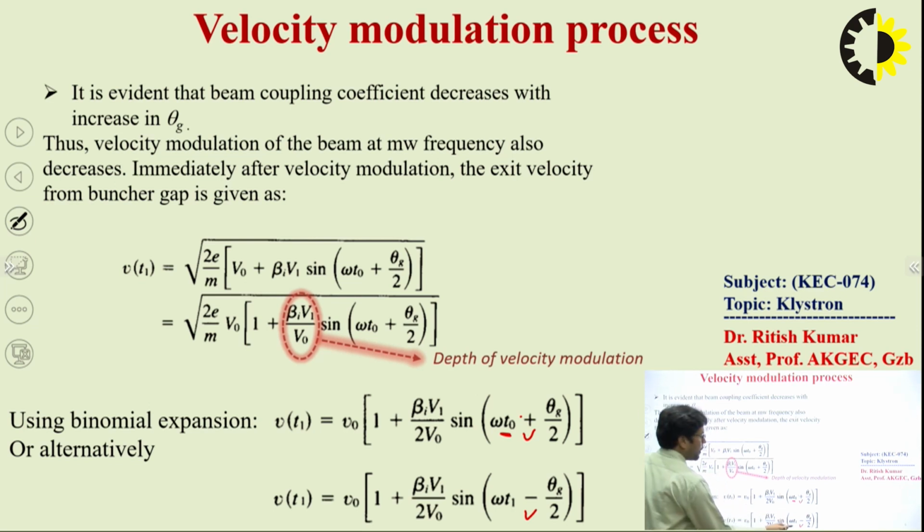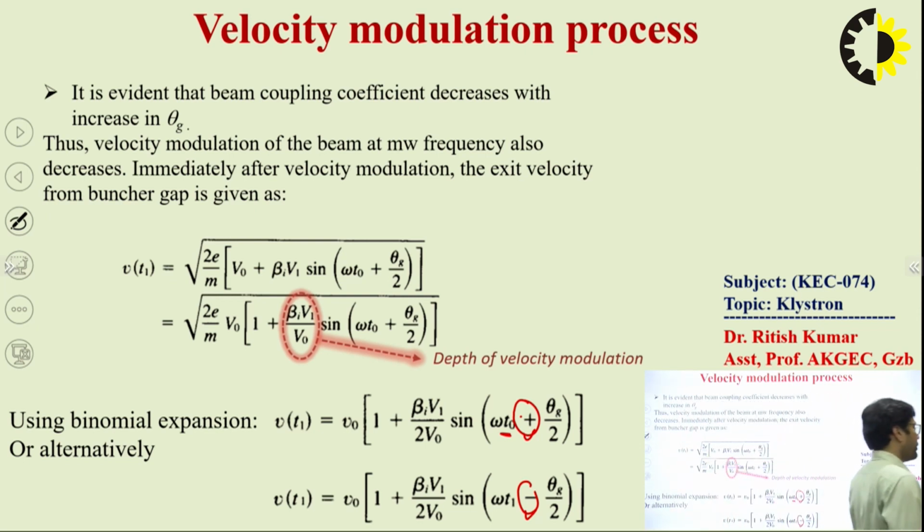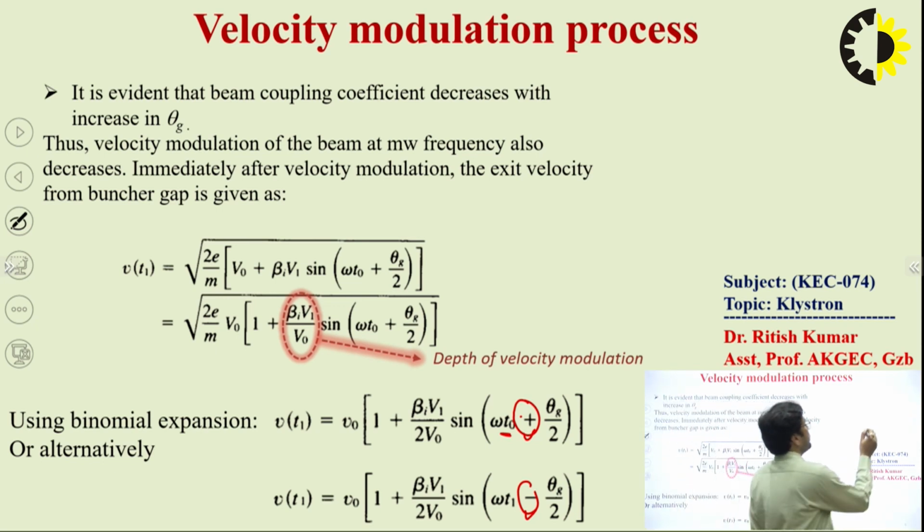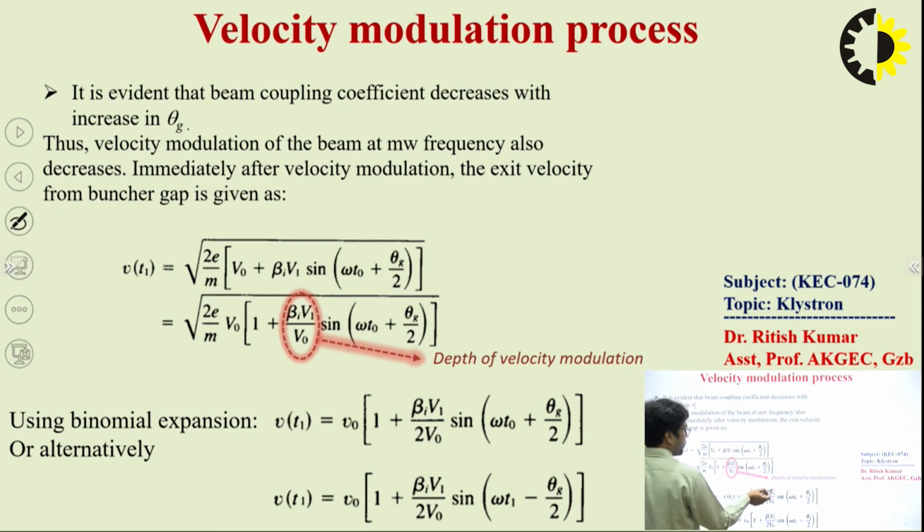If you consider t1, the leaving time, then you need to consider a negative sign, because you are dealing with the change in the velocity within the cavity. So that's why this sign is changed with respect to t naught and t1 here. So this is the velocity modulation equation. This is the depth of velocity modulation in both cases.